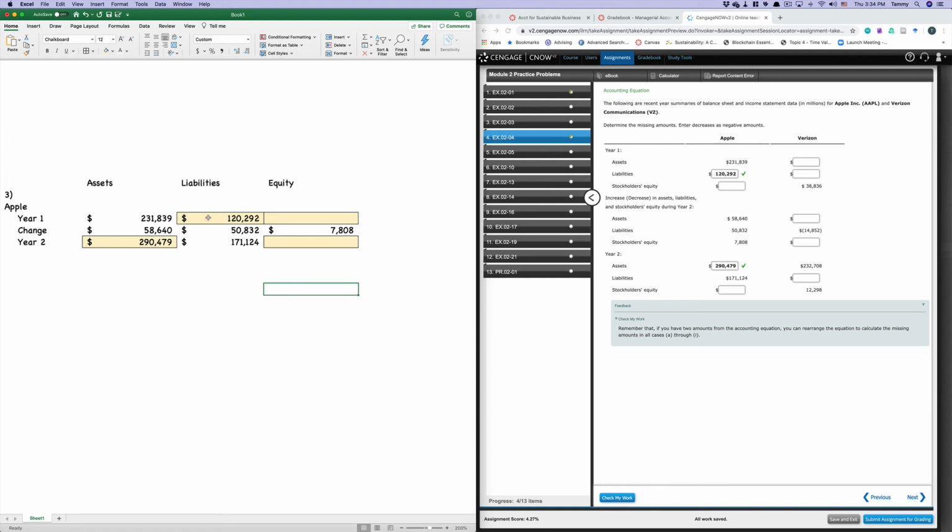We have assets and liabilities for both years now. So all we have to do is fill out our equity for the first year, which is going to be assets minus liabilities, and for the second year, it's assets minus liabilities again.